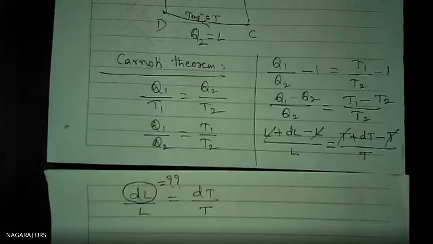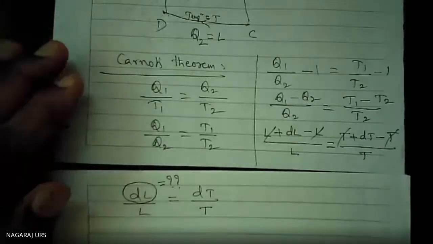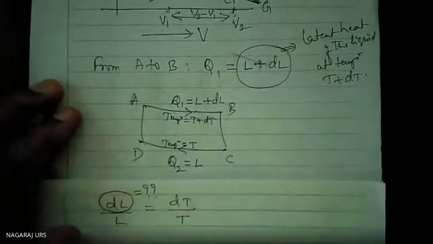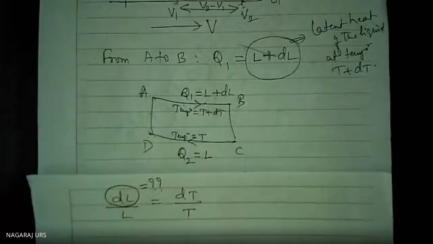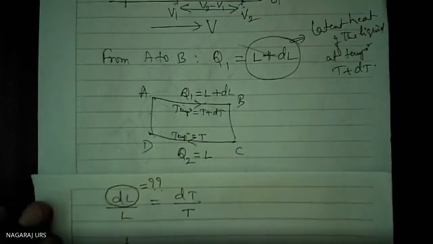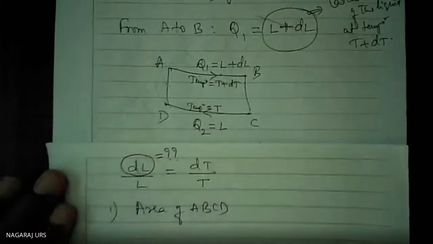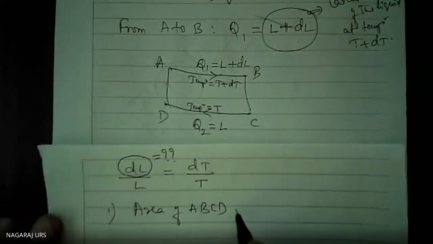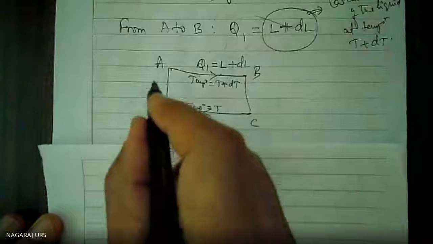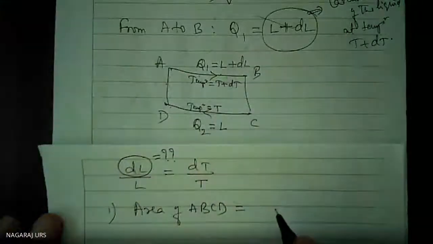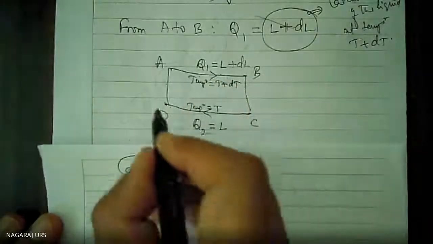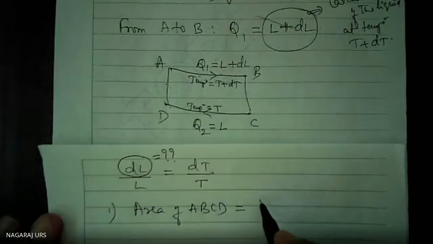For that purpose, we have to consider the area of ABCD. Area of ABCD is how much? According to your lower classes concept, it is equal to the amount of work done.